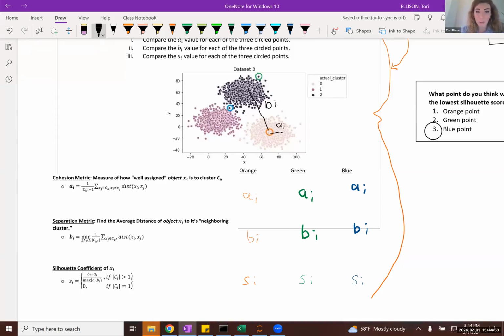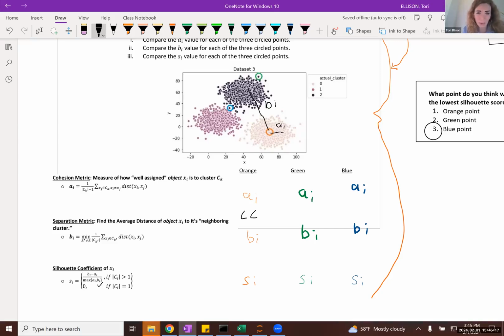What we can see here for this orange point is that the AI is comparatively a lot smaller than the BI. So when we normalize by the maximum of the AI and the BI, that maximum is going to be the BI.